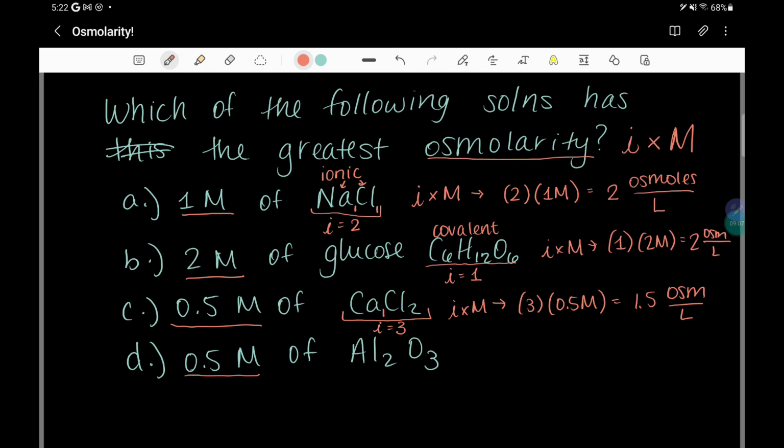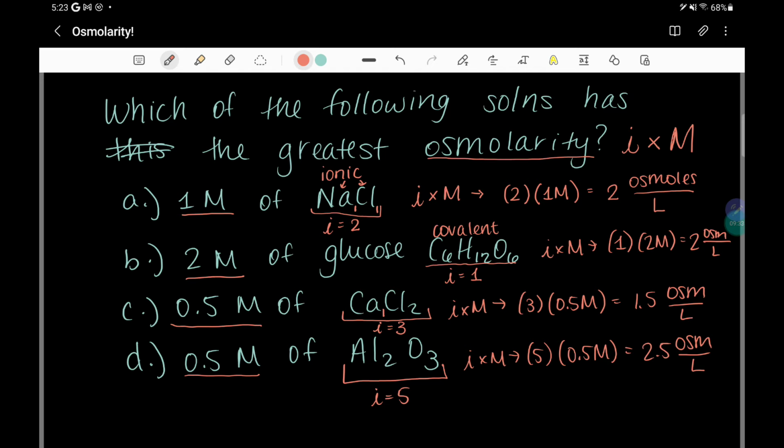Last one here. We've got to figure out our i value. This is again ionic. We've got 2 plus 3. Our i value is going to be 5 here. How nice. And so our i times M is going to give us 5 times 0.5 M, and that's going to give us 2.5 osmoles per liter.